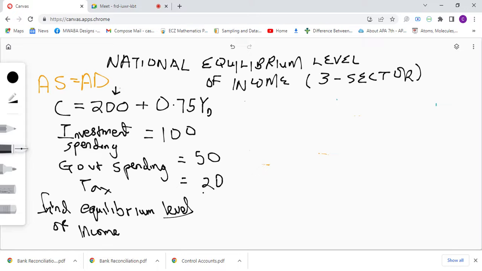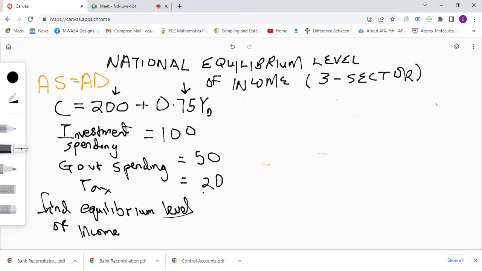This 0.75 represents the marginal propensity to consume, the proportion of extra income that is spent. So the marginal propensity to consume also is the slope of the consumption function.